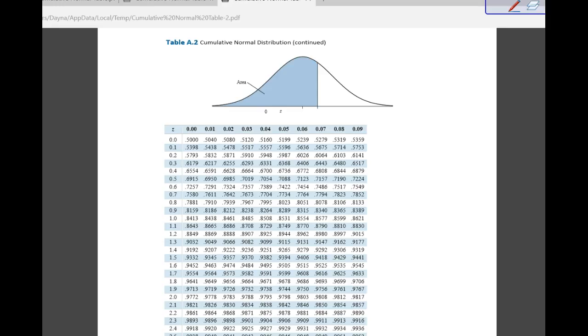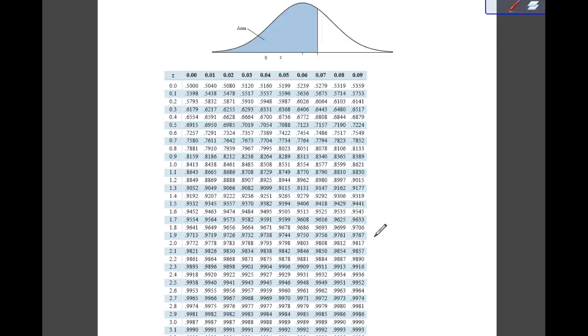I'm going to look for the 0.95 now. And I'm actually going to end up finding the exact same thing happening. And guess what? It's 1.64 and 1.65. So I'm going to get a positive 1.645.